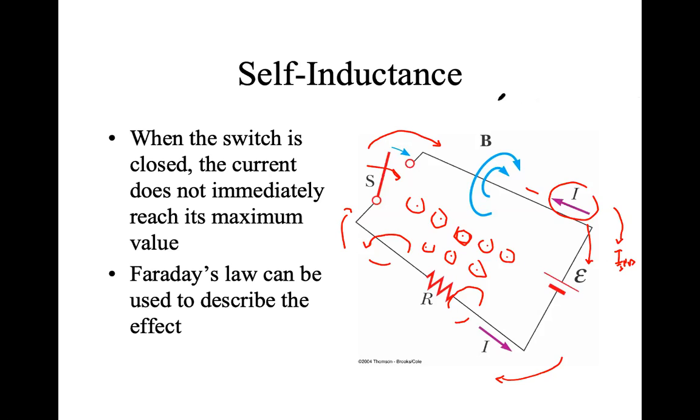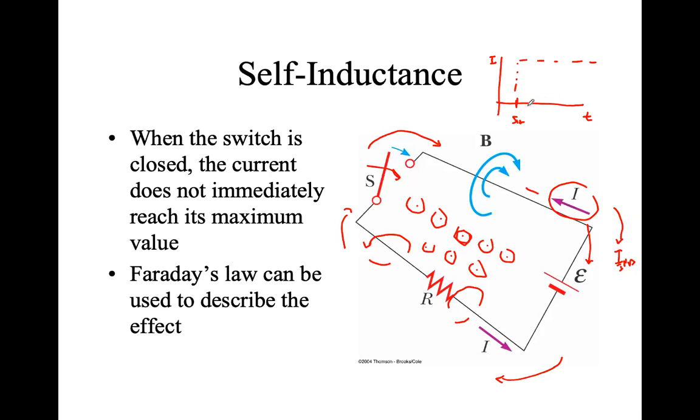The result of that, and we're going to show this with more mathematics on Friday, is when I shut the switch right there, I'm showing what current looks like over time. The answer is, at the moment the switch shuts, the current does not just instantaneously jump up to some value.